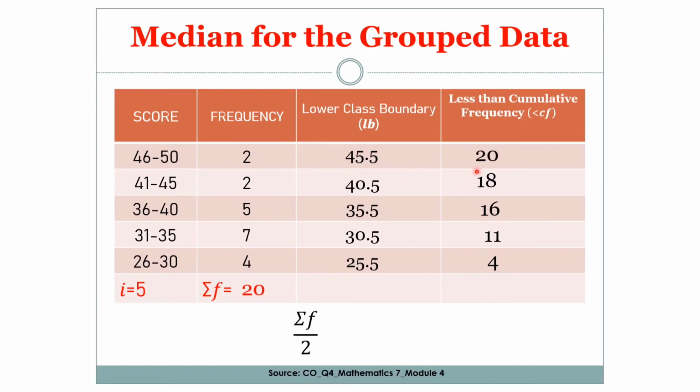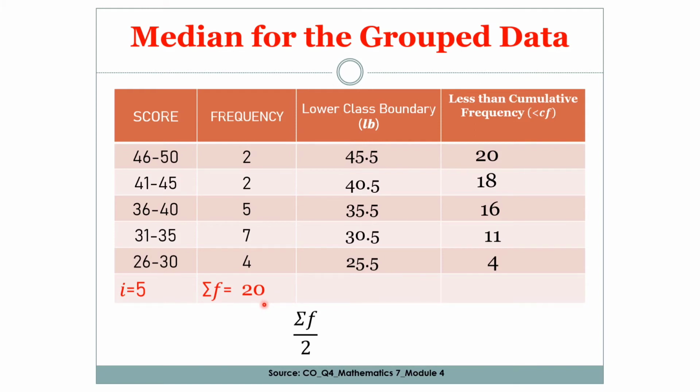Yes, awesome. It's 20. That is how you are going to obtain the less than cumulative frequency of each class. Have you noticed that the value at the top, which is 20, is equal to the summation of frequency? Yes, it should be equal. If not, you are going to repeat the process.